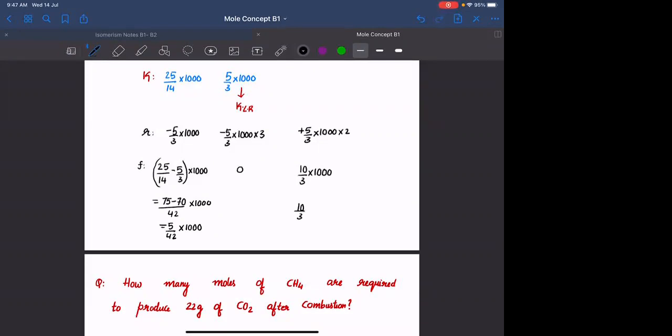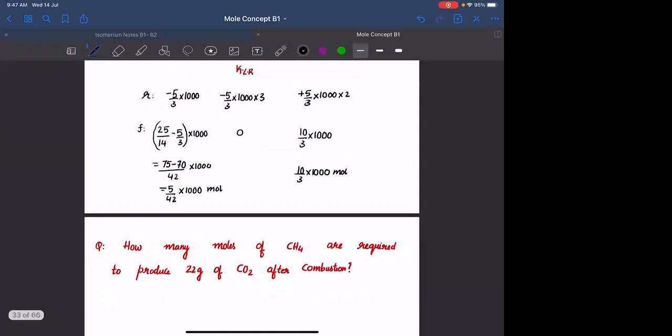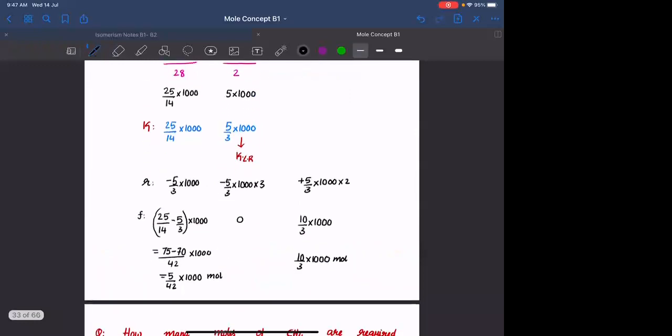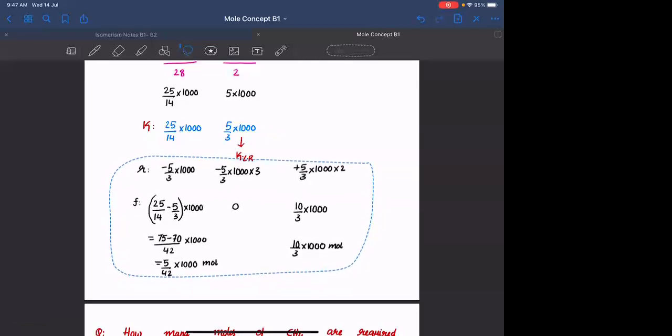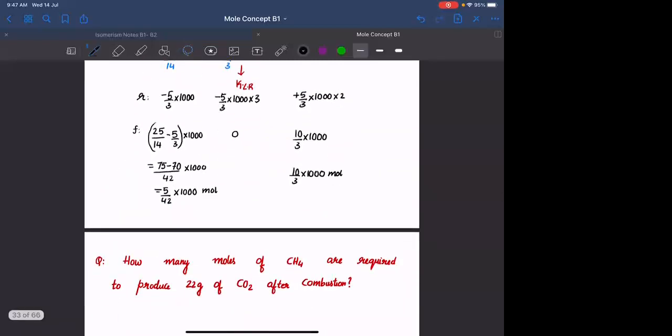10/3 into 1000. We need it in mass. These are the moles. How to convert this into mass? Multiply with molecular weight. Mass will be equal to 5/42 into 1000 into 28 gram per mole. Agreed? Yes sir.